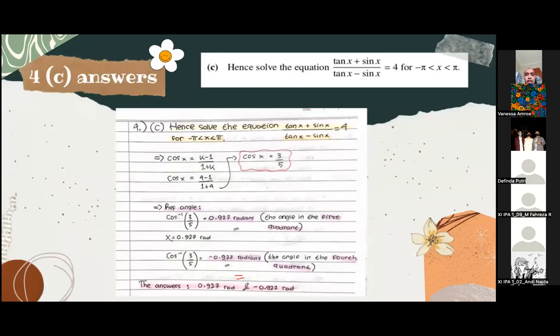Okay, so you can see... sorry, not 4C. In 4C, you change the angle. Okay, wait, sorry, not 4C, 5A or 5B.